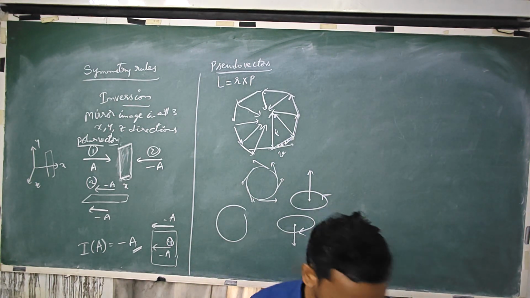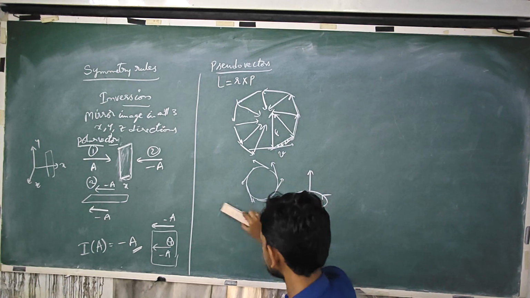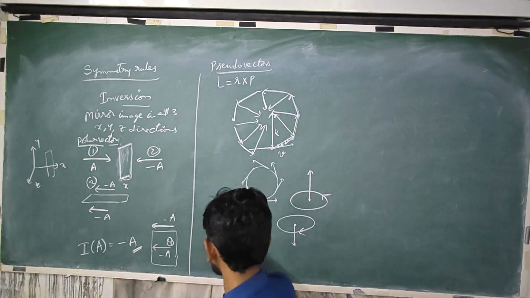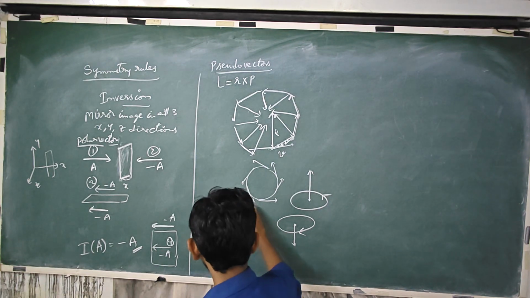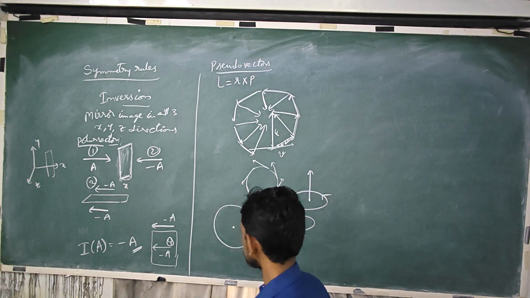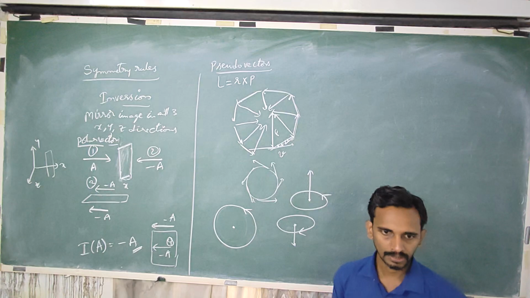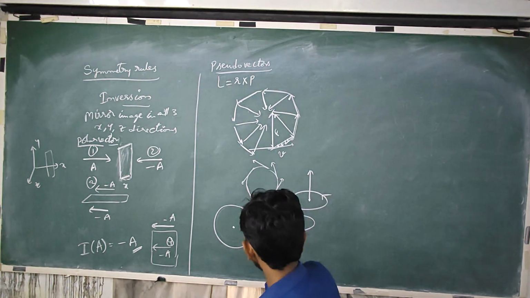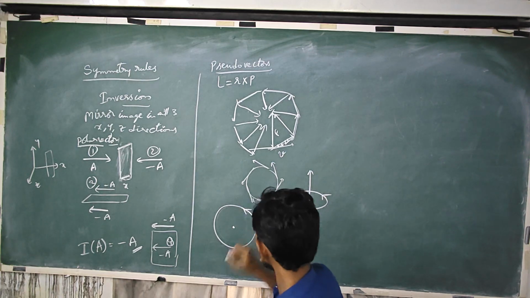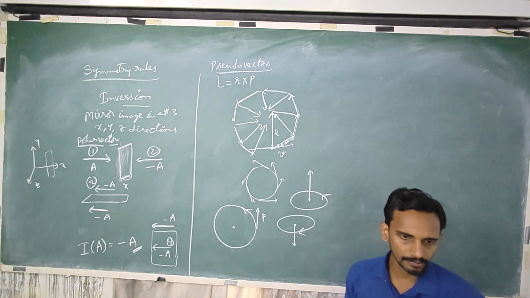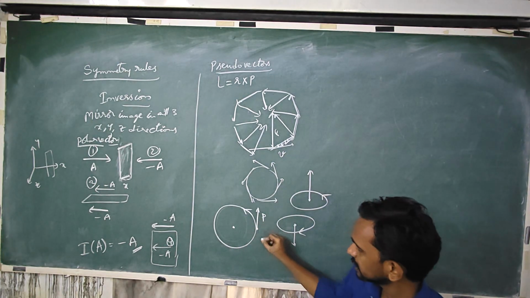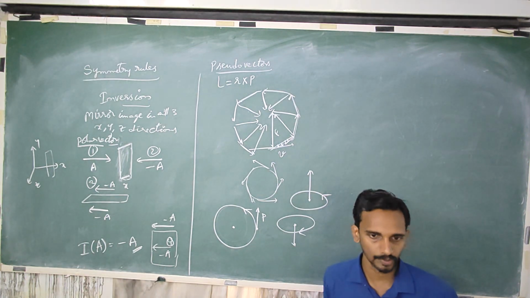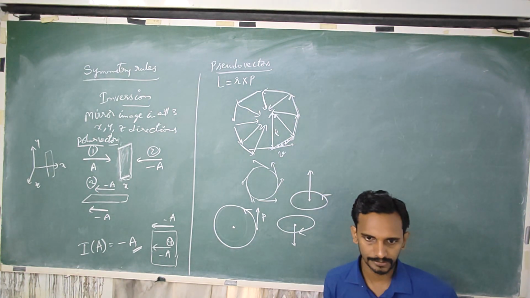So how to represent the radial vector? What is the direction of the radial vector? In circular motion, let's say an object is moving in a circle. Here P is the momentum. At any point, if you draw a tangent, you will get the direction of velocity, and that is the direction of momentum, which is velocity multiplied with mass.